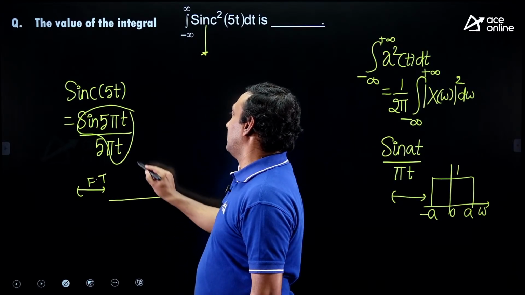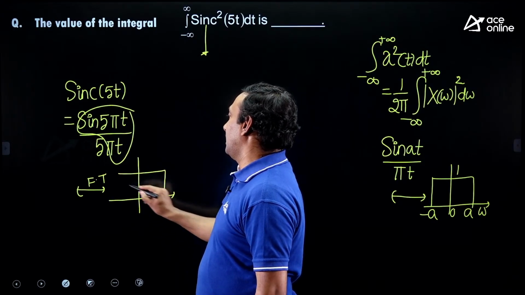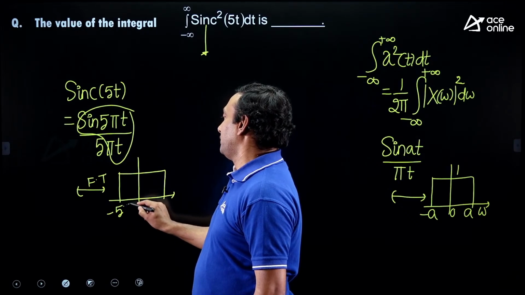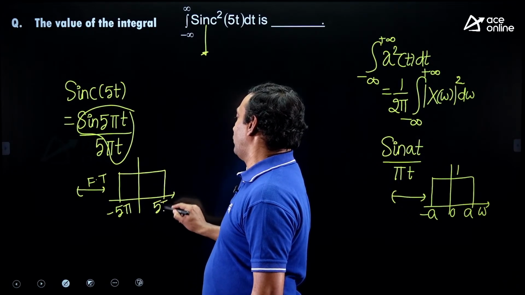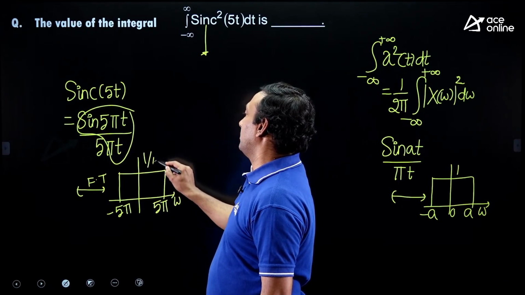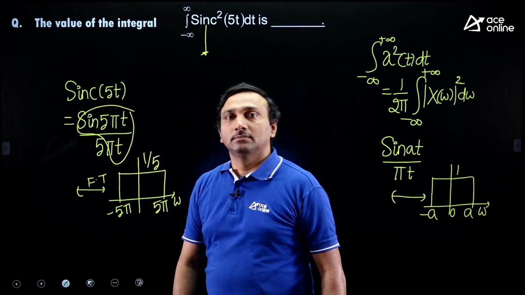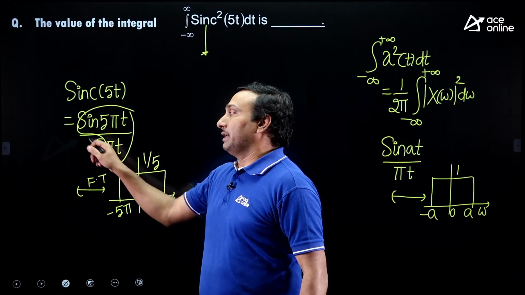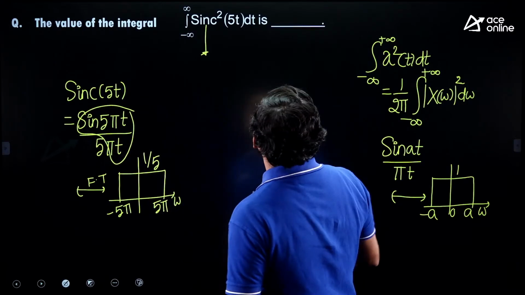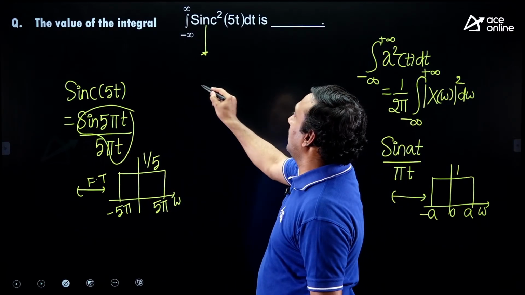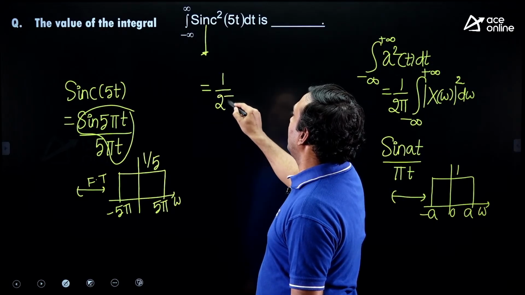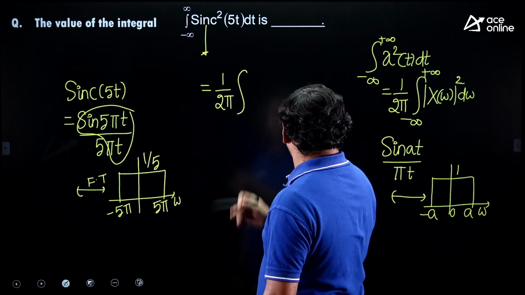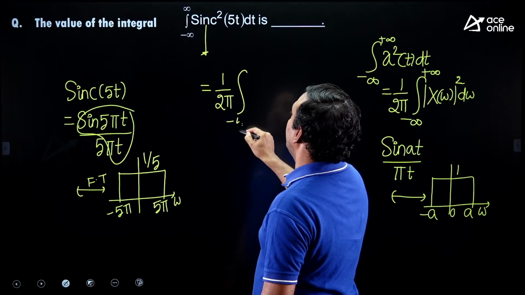Where is the spectrum covered? It's a rectangular spectrum that covers from minus pi to pi with amplitude of 1. Don't forget that, here the rectangle amplitude is 1, and we have an extra multiplier of 1 by 1. So according to this property, 1 over 2 pi, the spectrum is limited for which range?